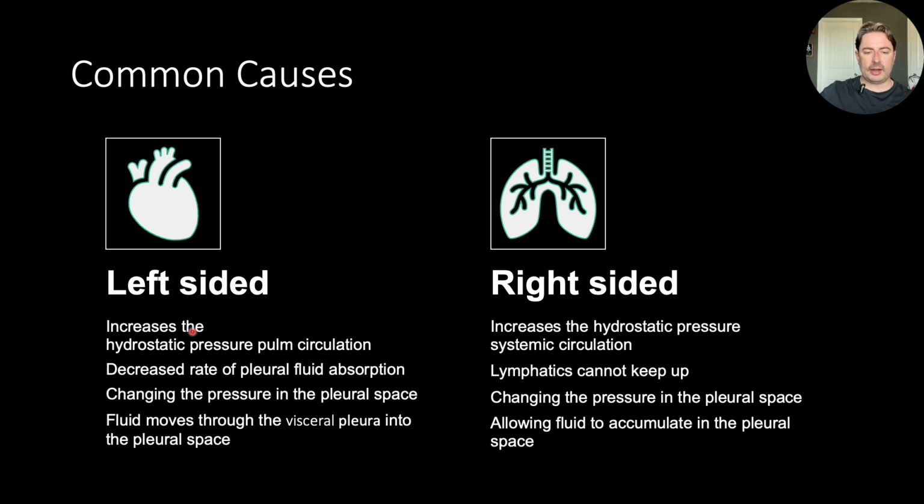So with left-sided heart failure, you get an increase in pulmonary circulation from all of the extra fluid, which increases the hydrostatic pressure, decreasing the amount of fluid being absorbed, changing the pressure in the pleural space, and moving fluid from the visceral pleura into the pleural space. So that's left-sided heart failure.